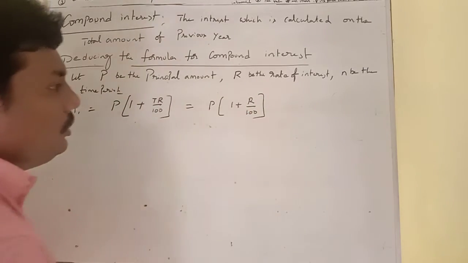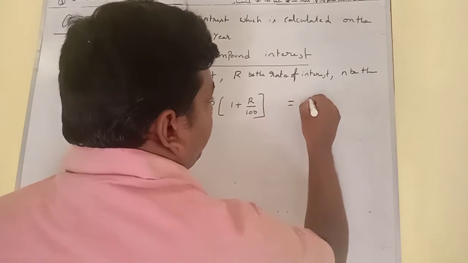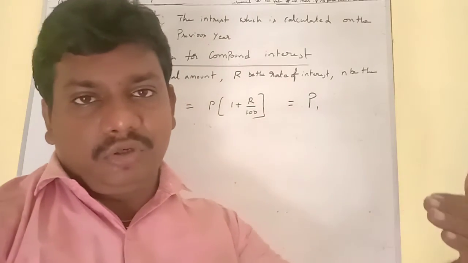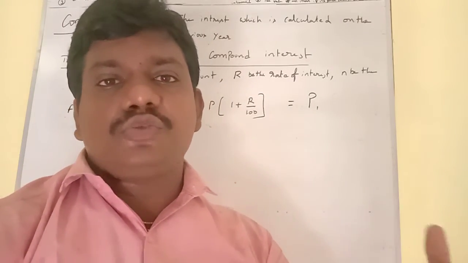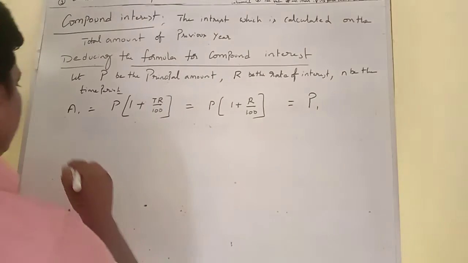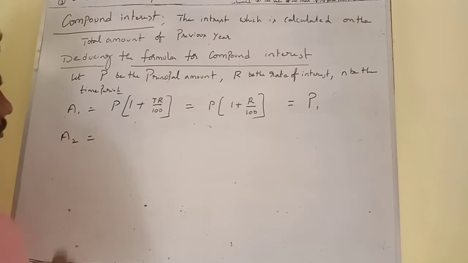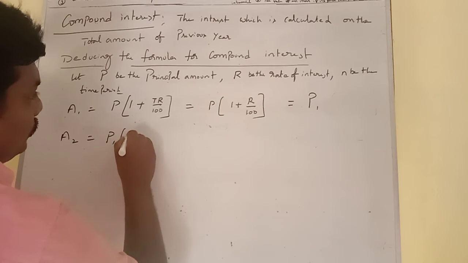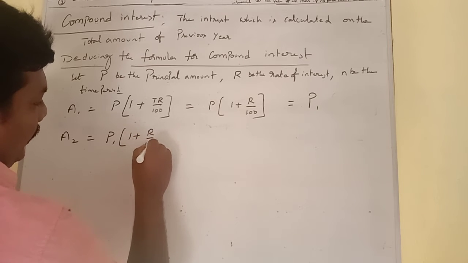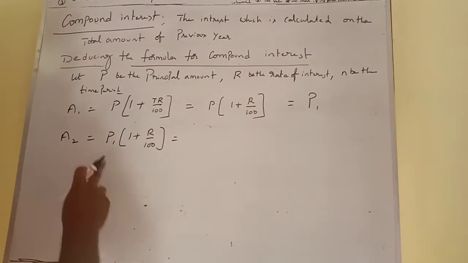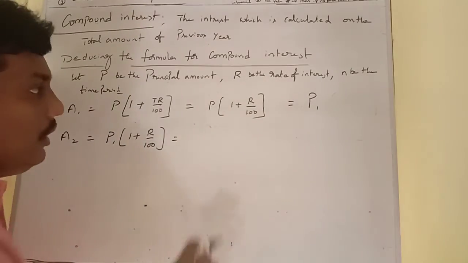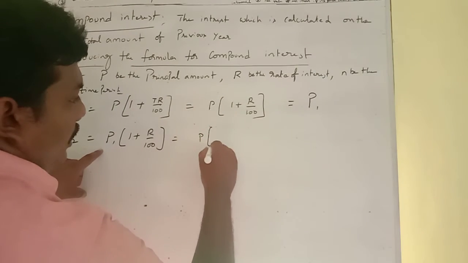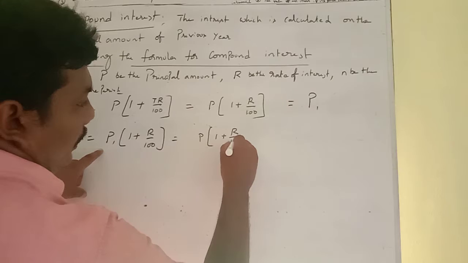This total amount we are going to consider as principal 1. The first year amount we consider as the principal for the next year. So how to calculate A2? A2 is equal to P1 into 1 plus R by 100, where P1 is P into 1 plus R by 100.